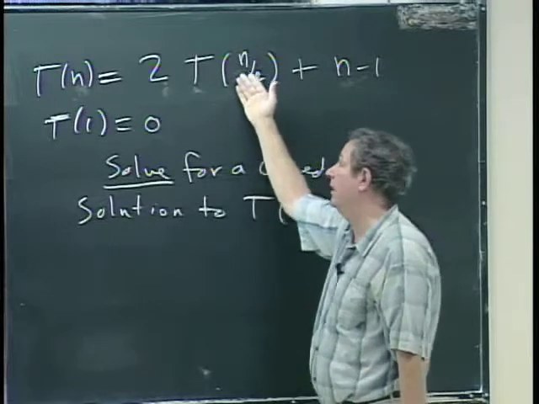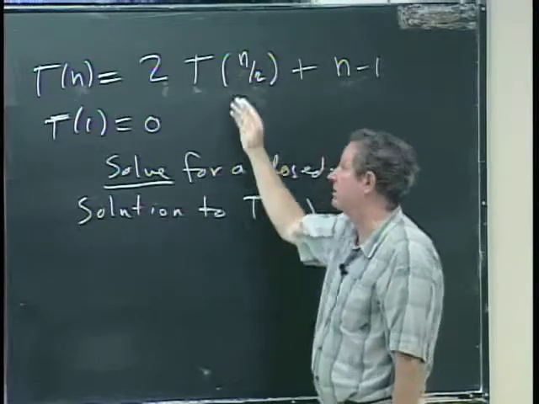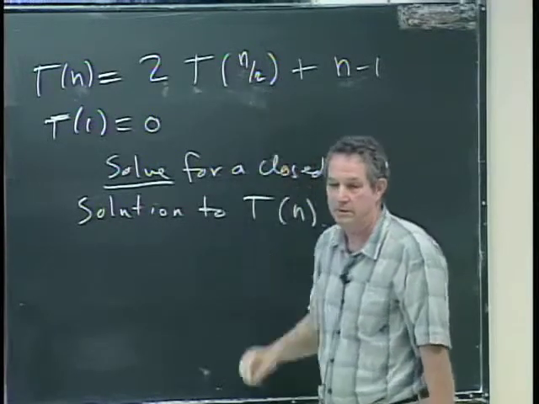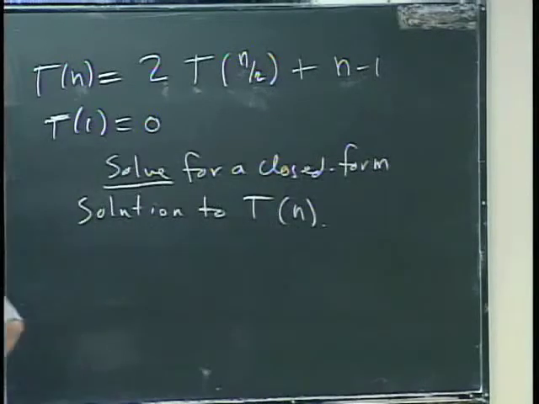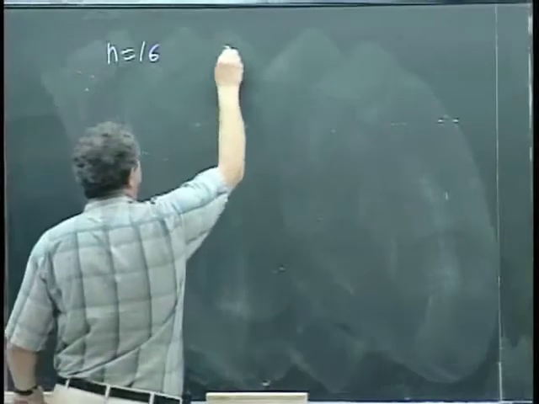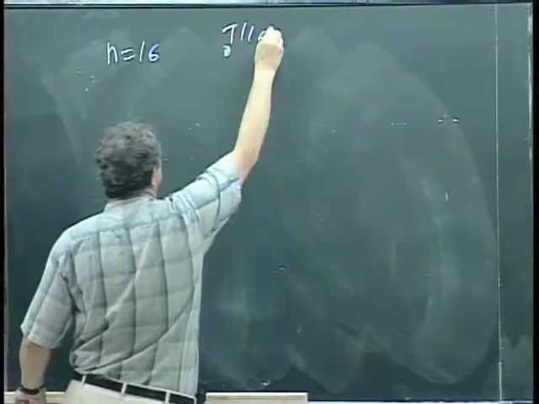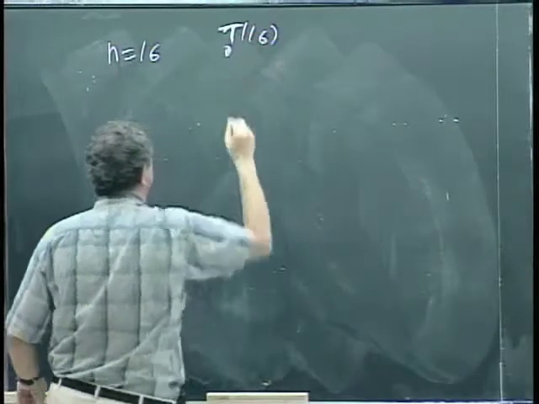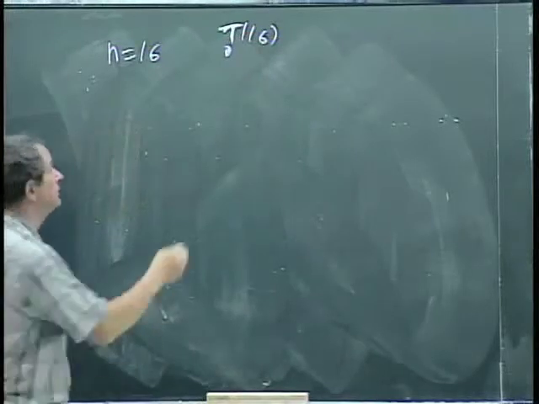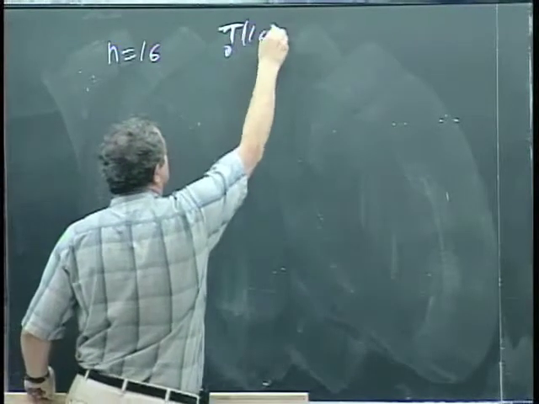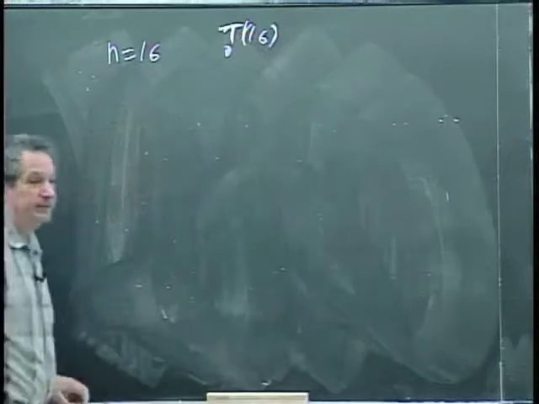If I make n something that's not a power of 2, I'm going to start getting weird numbers, unhelpful in order to see the pattern. So I'm going to start with a value that's a power of 2, maybe let's say 16. Okay? So I want to know what t of 16 is. Well, I don't know what t of 16 is.